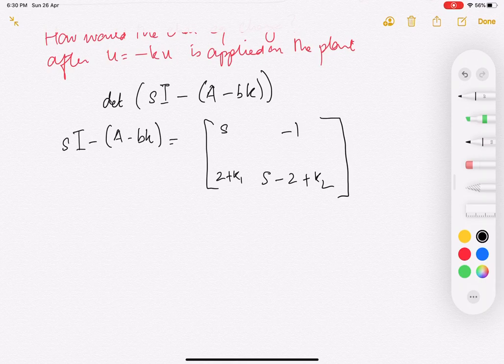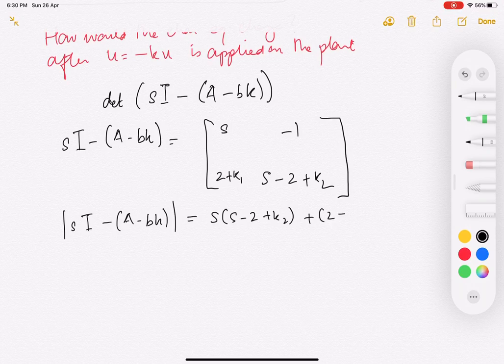And if you want to find the determinant of this, look at this. This is going to be s into (s minus 2 plus k2) plus (2 plus k1), which is equal to s square plus (k2 minus 2) s plus (k1 plus 2).